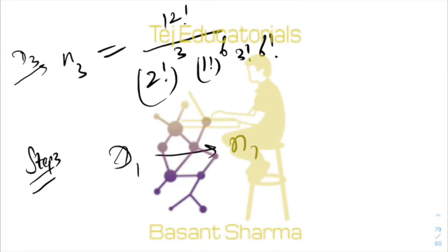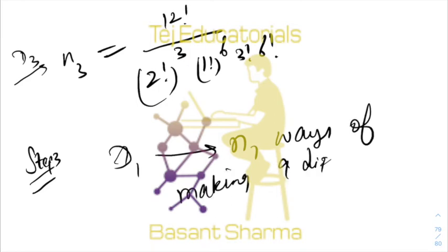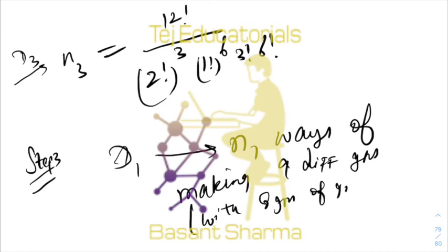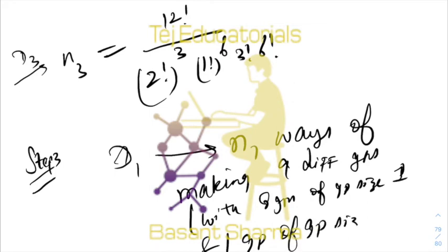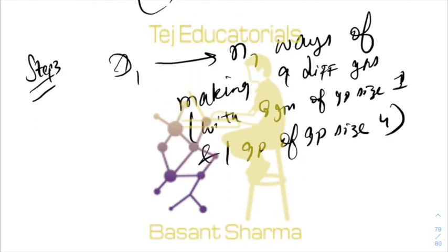That is equivalent to saying we have N1 ways of making 9 different groups, with 8 groups of group size 1 and 1 group of group size 4. This is the number of ways in which you can make these 9 different groups.